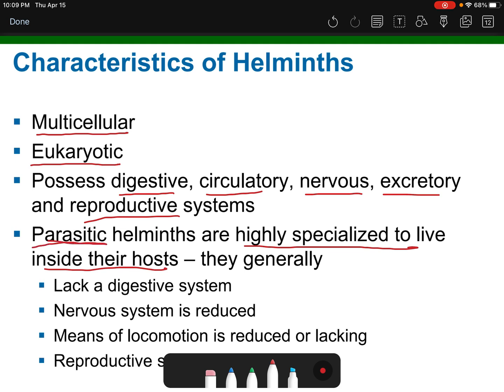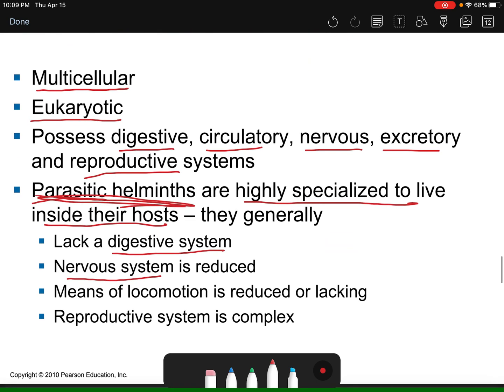Usually, if they're a parasite, again, they don't want to leave their host organism. So oftentimes, these helminths maybe lack a digestive system, and that's why they need to live inside a host organism, such as in your intestines or something, so they can get food from you. Their nervous system tends to be reduced.